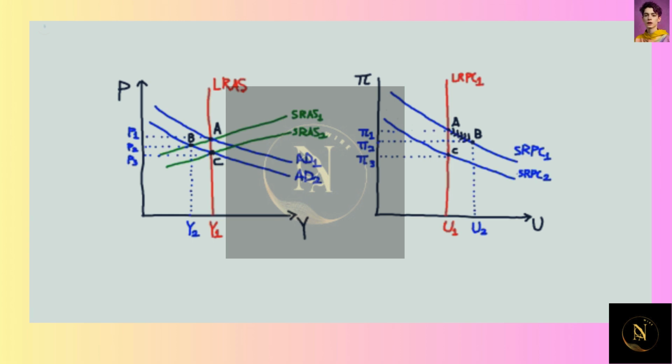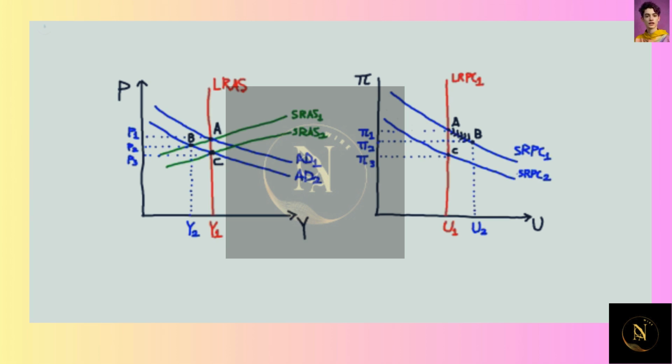On the right-hand side, the new set of inflation expectations causes the short-run Phillips curve to move downwards, and now the economy is facing SRPC2. The unemployment level goes back to normal, to its long-run equilibrium, and the inflation rate also drops to pi 3.